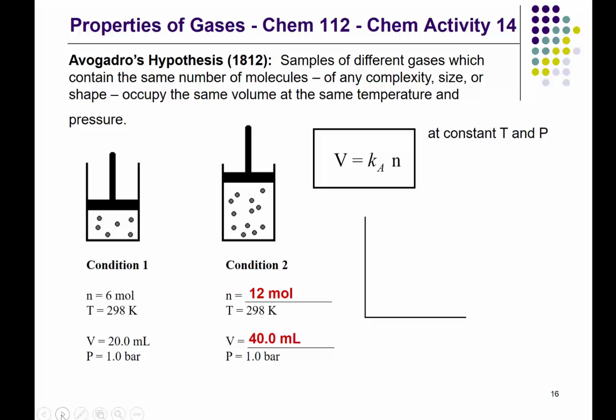If you add more gas particles, certainly there'd be more collisions with the walls of the container, and the only way that the pressure could be held constant is if the volume also increases by the same amount. So if we make a plot of volume versus amount, once again we're going to see that this relationship is directly proportional. And as you might imagine, the slope of this line would equal Ka. Again, you're never going to calculate Ka, and of course the A refers to Avogadro.